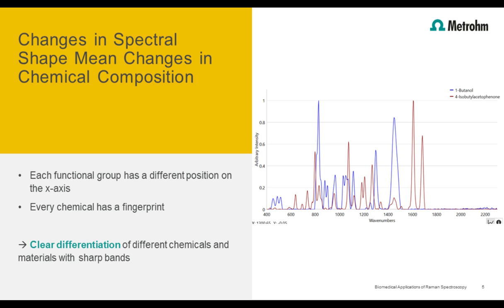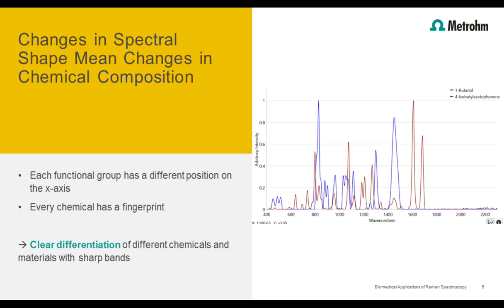Because each functional group has its own characteristic frequencies at which it vibrates, the Raman spectrum can act as a molecular fingerprint that we can use to identify a sample. So in this example, you can see the spectrum of the 1-butanol and the 4-isobutyl acetophenone. That's the red spectrum. And you can see that because they're different molecules, they have distinct Raman spectra that we can use to help identify them.